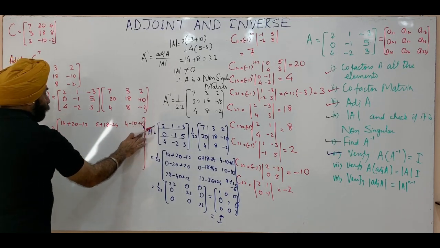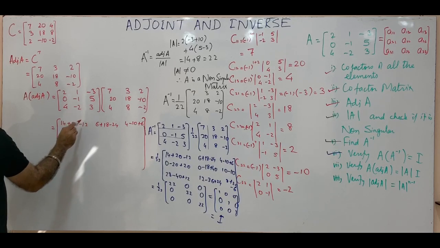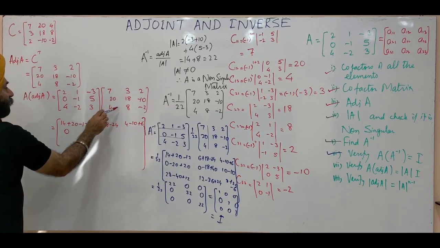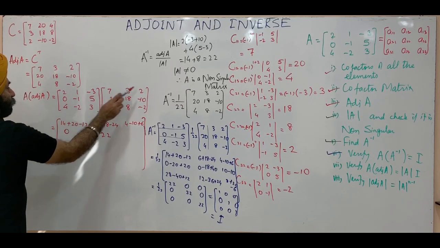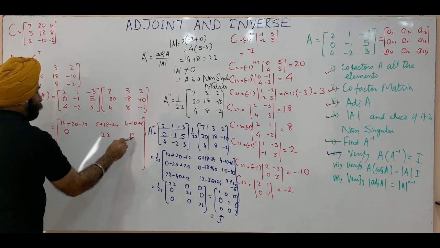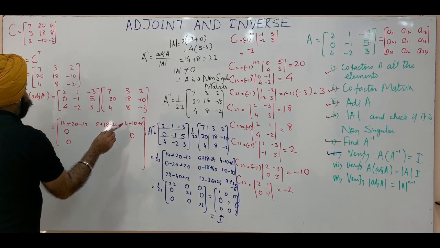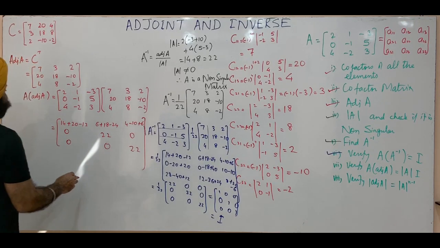Then next is this is 0 minus 20 plus 20, this is 0, 0. This is minus 18 plus 40, it's 22. Then 0, it's 10 minus 10, 0. Then 28 minus 40, this is 0, this is 0. 8 plus 20, 28 minus 6, this is 22.